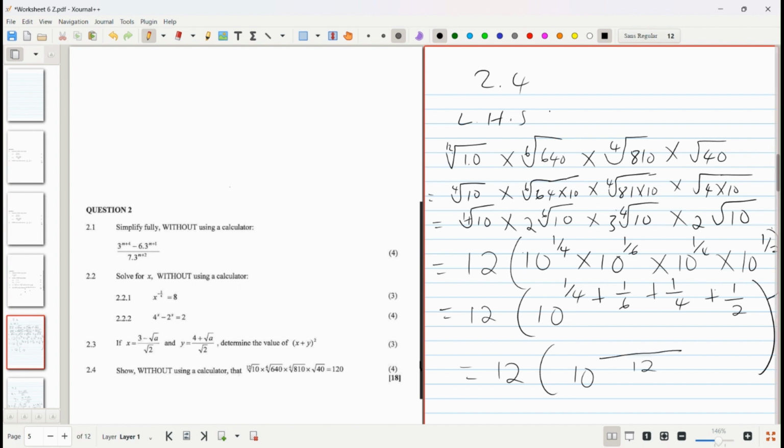So 12 divided by 4 is 3, 3 times 1 is 3, and then here we'll have plus 2, and then plus 3. And then here this will be 12, right? It will be 6, sorry.